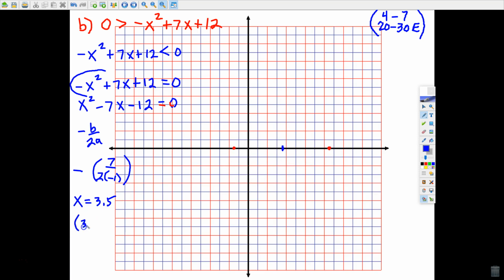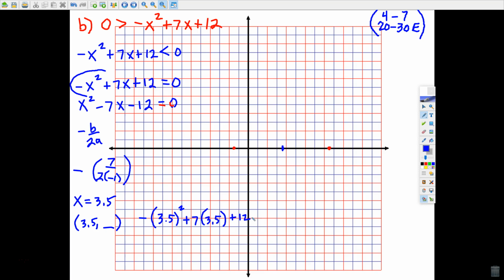And then to get the rest of the vertex, 3.5 and some y, we're just going to plug in. Again, you can use either one of these. I'll just go ahead and use that same one. The opposite of 3.5 squared plus 7 times 3.5 plus 12.